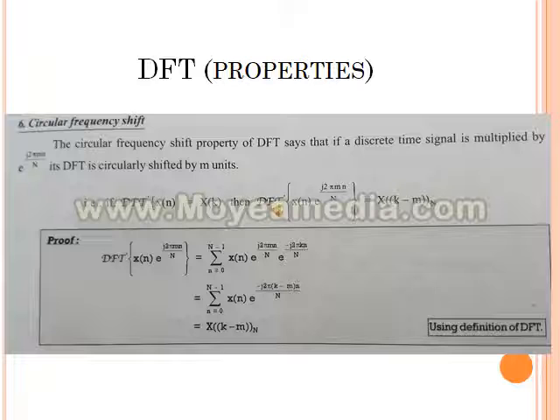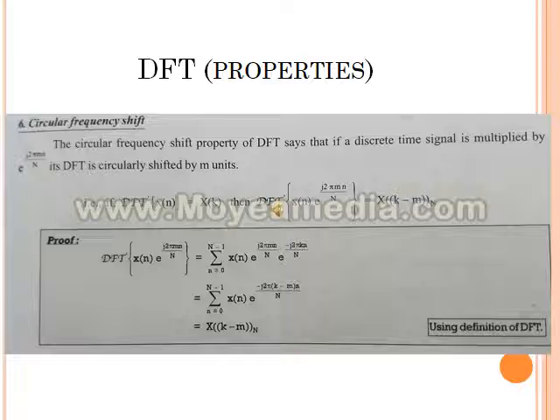This is the circular frequency shift, because the shift is now in frequency. In the previous property that we did, the shift was in time, in n; now the shift is in k. So n represents time and k represents frequency.